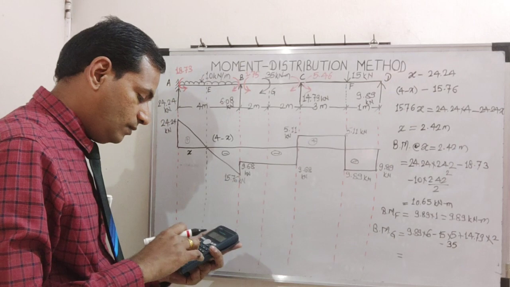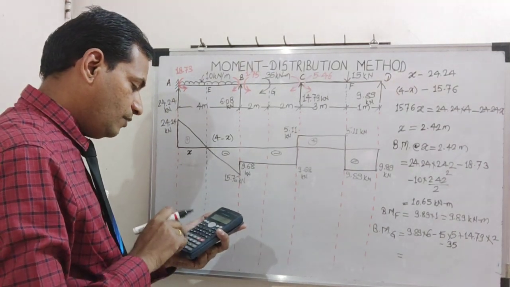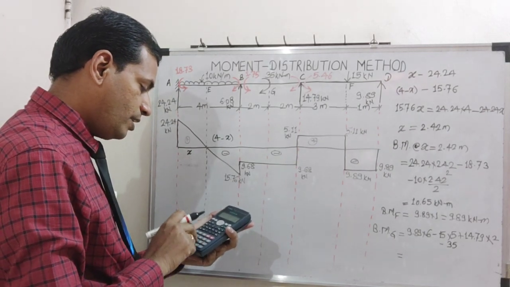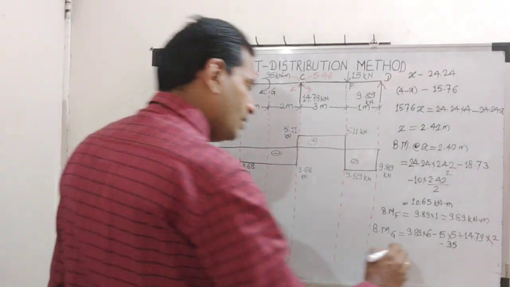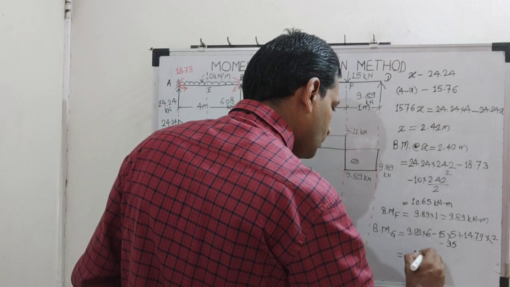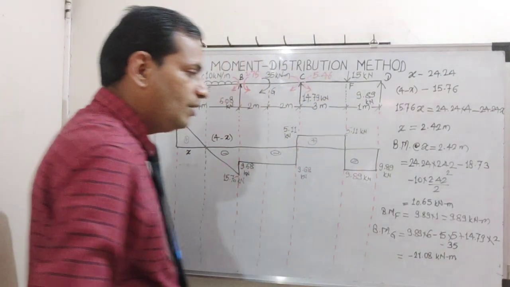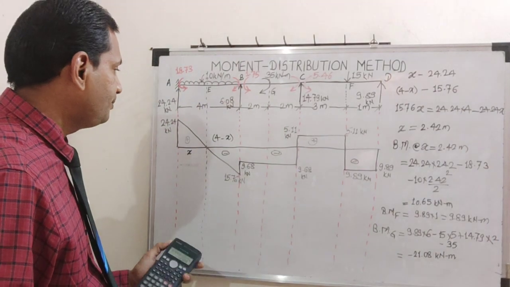So let us see now. 9.89 into 6 minus 15 into 5 plus 14.79 into 2 minus 35. So it is minus 21.08 kilonewton meter.